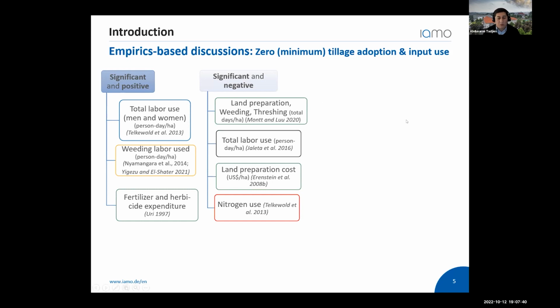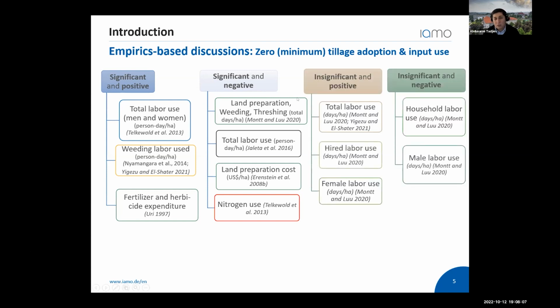Some researchers found a statistically significant and positive relationship between zero tillage and input use, mainly labor use and fertilizer use. And some scholars found a statistically significant and negative relationship between zero tillage adoption and input use. In contrast, some studies found statistically insignificant positive and negative relationships between these two variables.